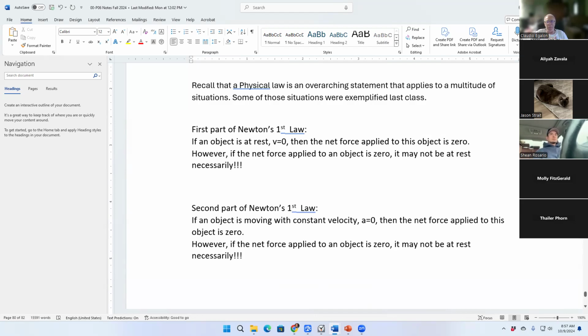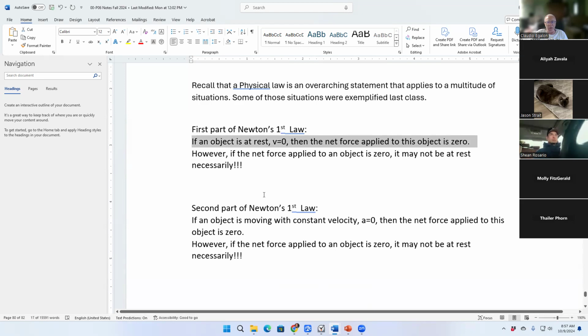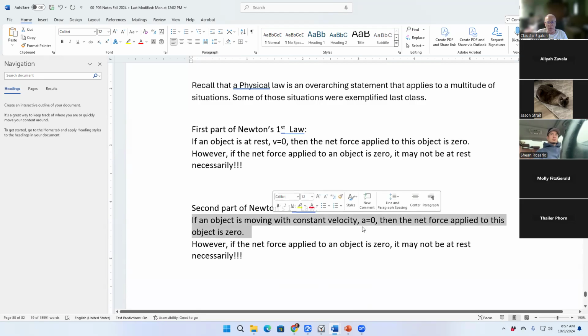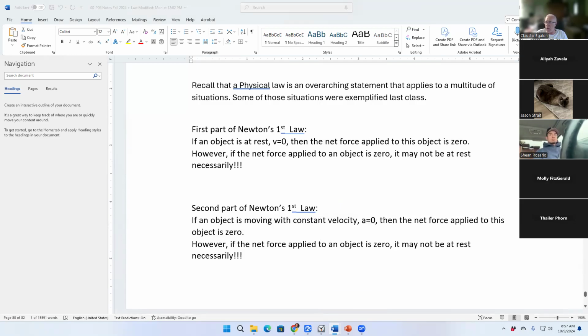Almost nothing. It's just the condition of the velocity. Here the object is at rest, velocity equal to 0. But here, the velocity is constant. Velocity is not equal to 0. It's the acceleration that is equal to 0. And the net force is still 0.